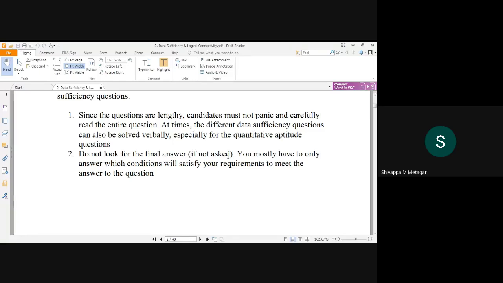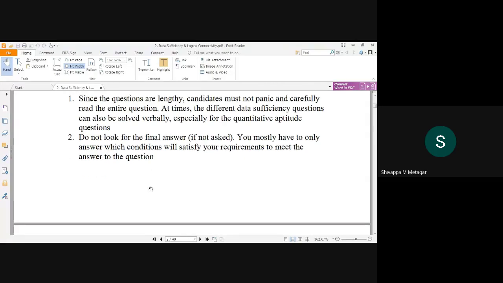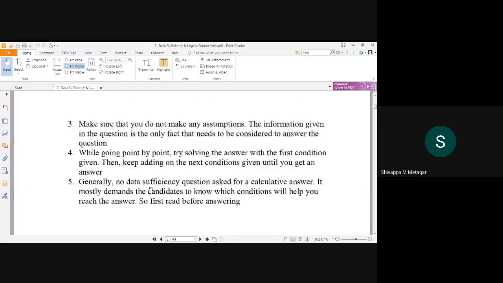If not asked, you mostly only have to answer which condition will satisfy your requirement to meet the answer to the given question. The third point they have given here: make sure that you do not make any assumptions. While answering data sufficiency questions, don't make any assumptions.